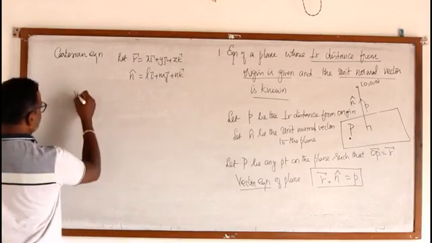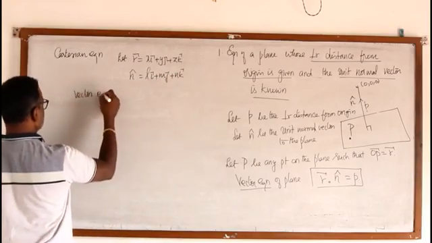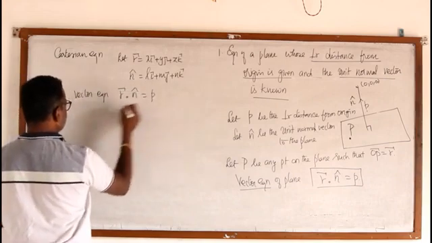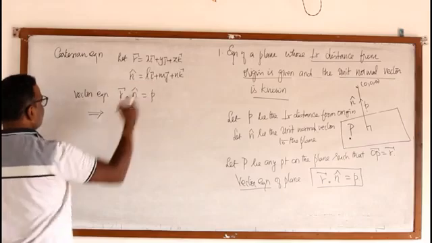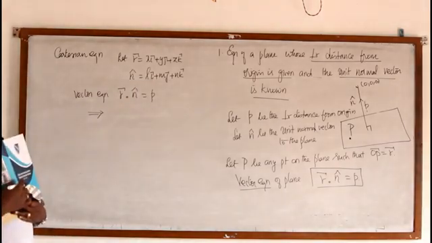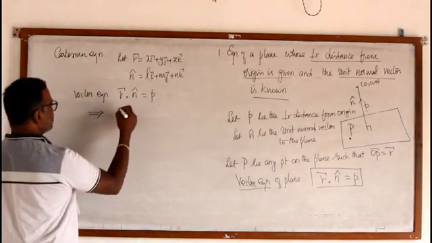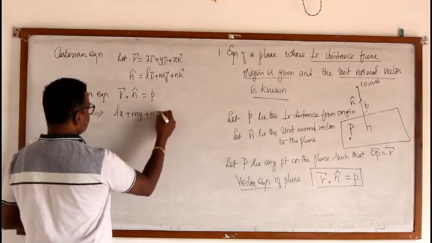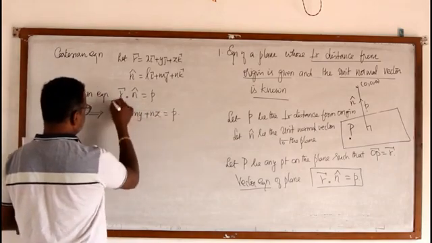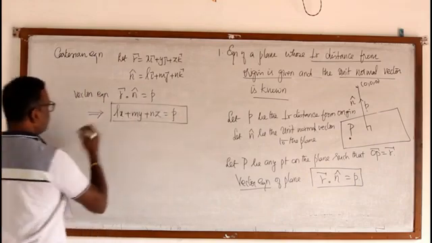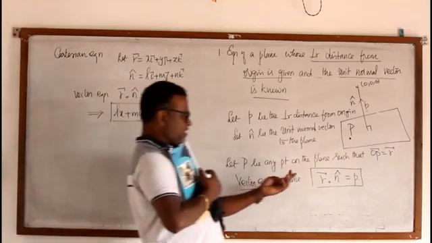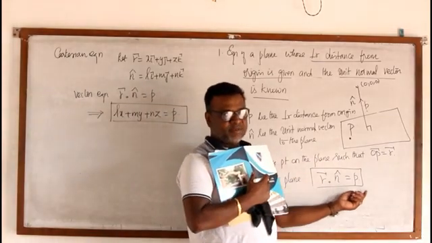Then the vector equation r dot n cap equal to p becomes, when you take the dot product, i and i, j and j, k and k, lx plus my plus nz equal to p. This is the Cartesian equation. So we must know only this one very well: r dot n cap equal to p.